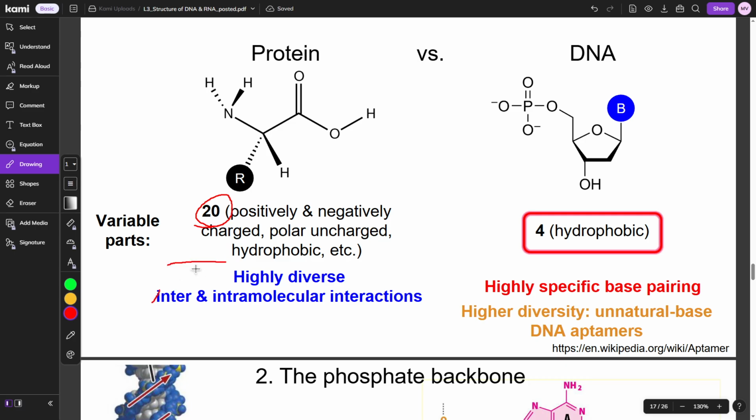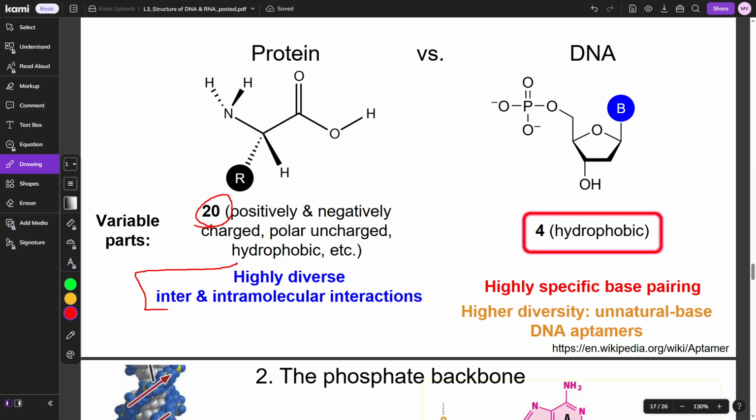There's inter and intramolecular reactions. There's a whole bunch of stuff going on. With DNA, though, there's only 4. There's technically 5, but for DNA specifically, it's only 4, not counting RNA. There's adenine, thymine, cytosine, and guanine. And those are all hydrophobic. All of them are hydrophobic. There's no ifs, ands, or buts about that.